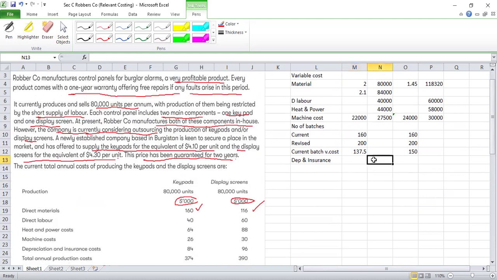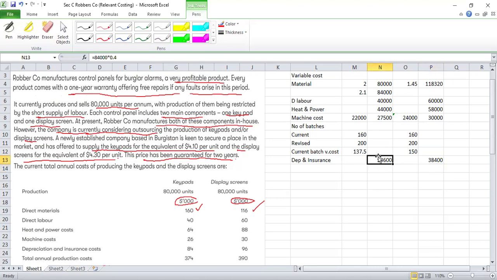So here this is the column of total, 84,000 into 0.4, 96,000 into 0.4. So we have 33,600 and 38,400. These are basically the relevant costs which we have to bear.